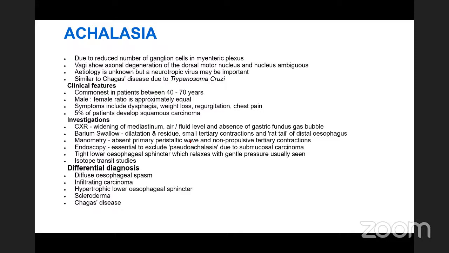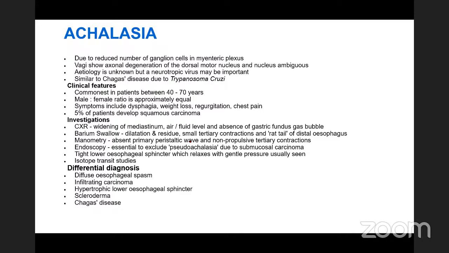Once you do an endoscopy, it essentially excludes pseudoachalasia due to mucosal carcinoma. And there is a tight lower esophageal sphincter, which relaxes with gentle pressure, usually seen, okay? You can also do an isotope study.